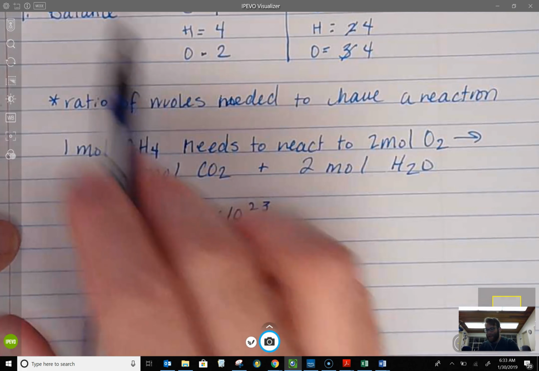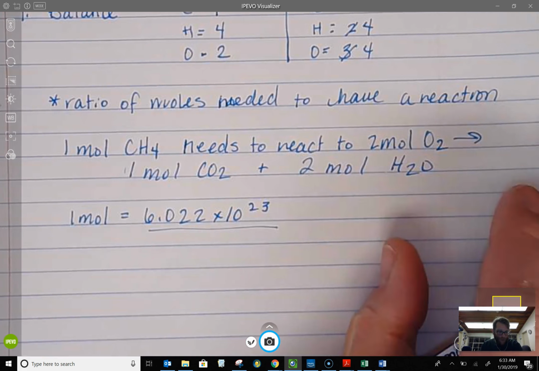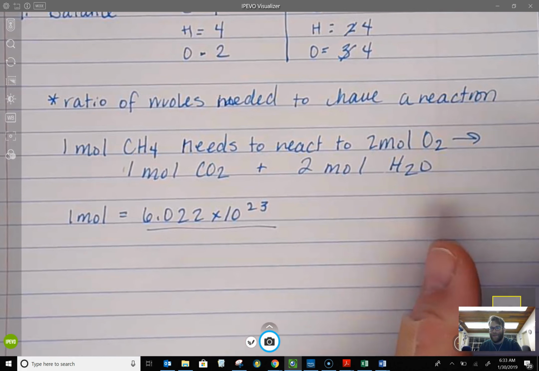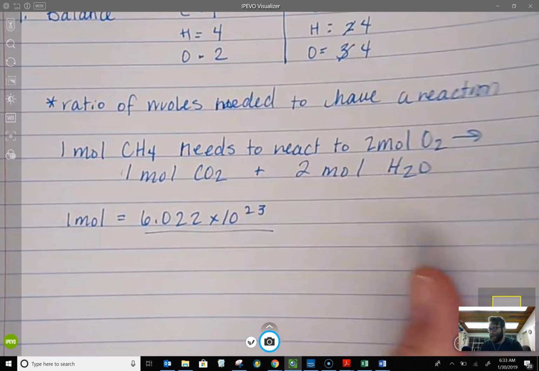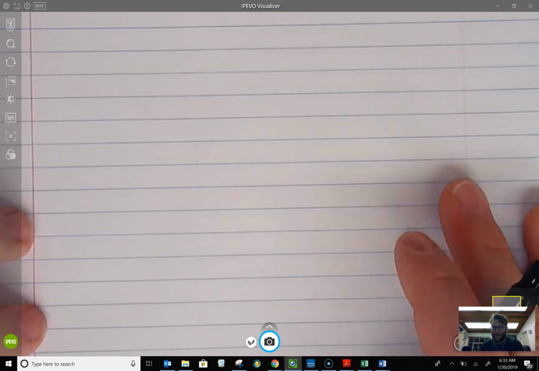Okay, so now that I have my balanced reaction, I'm going to go through and try to solve something where I'm giving you a particular mass. So let me rewrite my chemical reaction at the top.